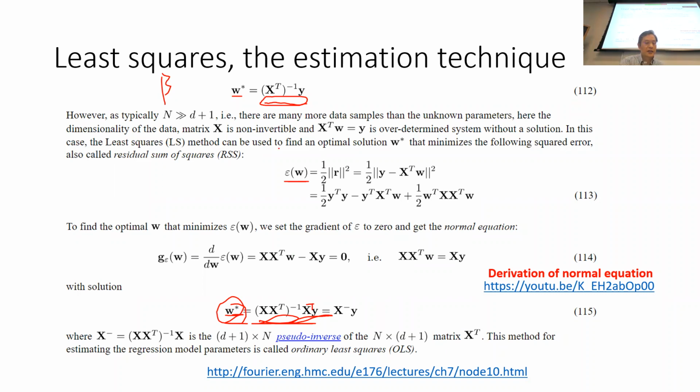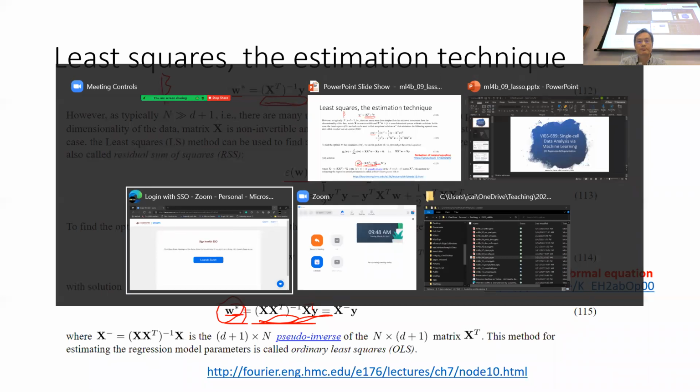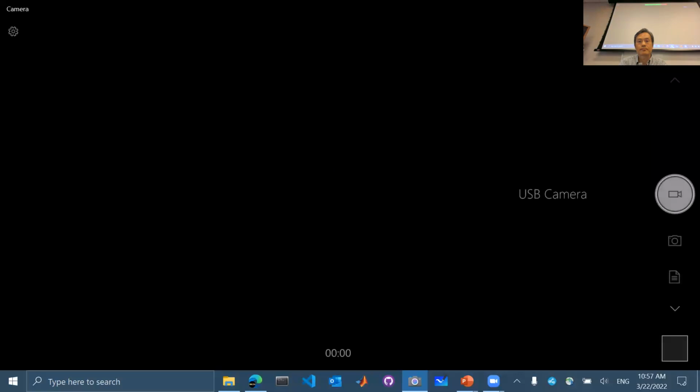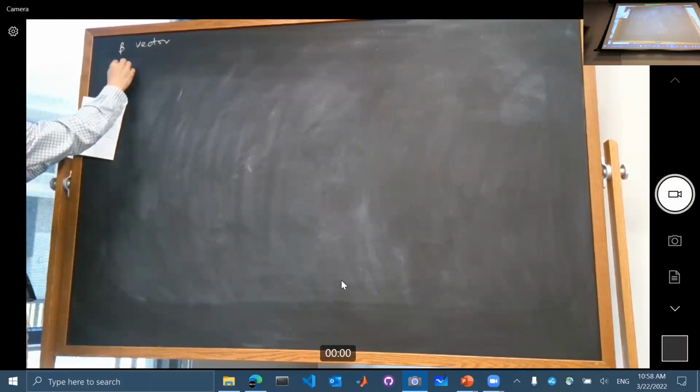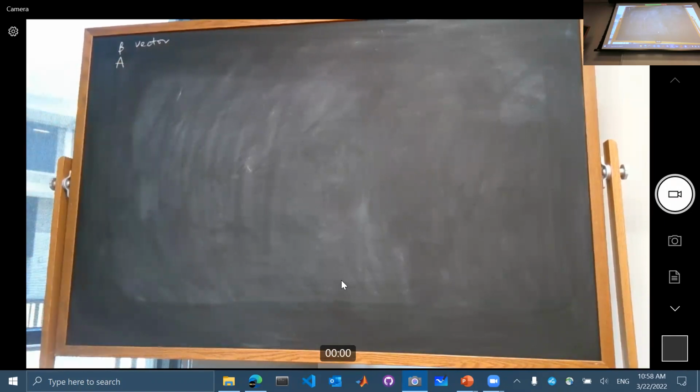So the rules of matrix differentiation include: if you have a beta matrix, beta is a vector, and you have A, so we use A as a general term, let me just use X. That's your beta matrix.